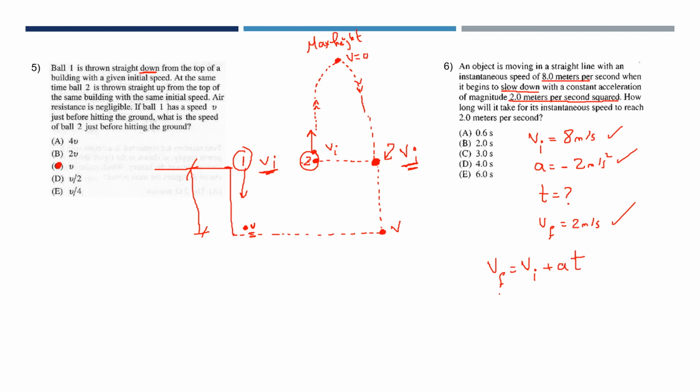We would like to find the value of t. So V final is 2, V initial is 8, the acceleration is -2, so we have -2 multiplied by t. So we need to solve for t in this equation, so it's -6 equals -2t, which gives t equals 3 seconds. So the answer is C.